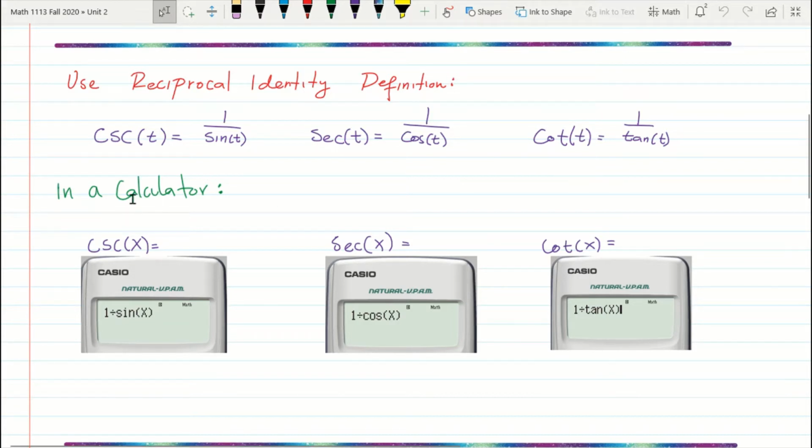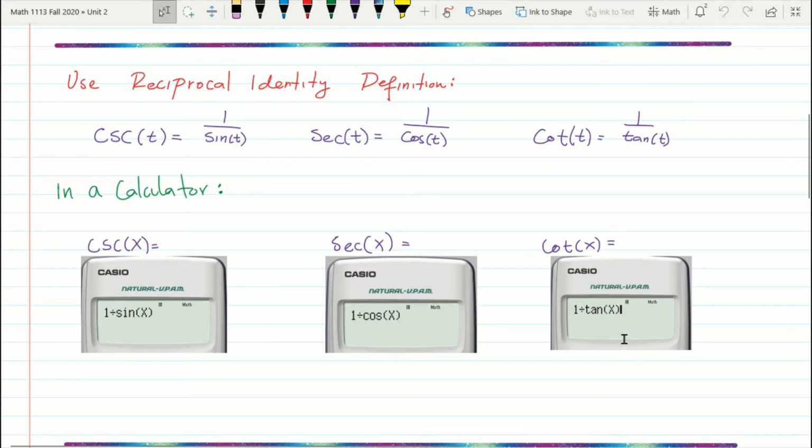So here in the calculator, if we are looking for cosecant of the value x, all I have to do is divide 1 by sine of the x value. If I'm looking for secant, I need to do 1 divided by cosine of x. And if I'm looking for cotangent, I need to do 1 divided by tangent of x.